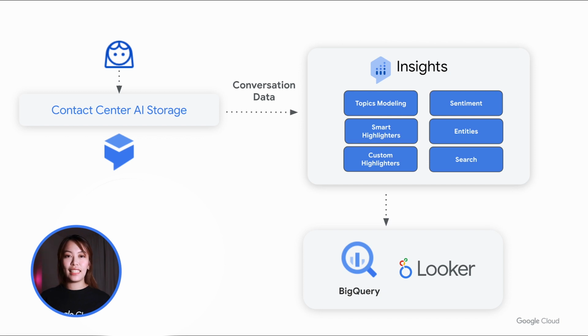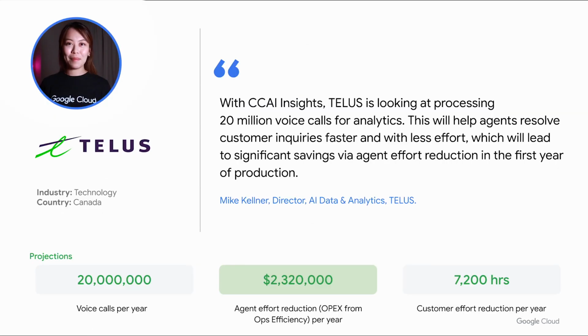CCAI Insights allows you to export your conversation and analysis data to BigQuery so that you can perform your own raw query, and build any custom analysis or visualization in tools like Looker, Looker Studio, and so on.